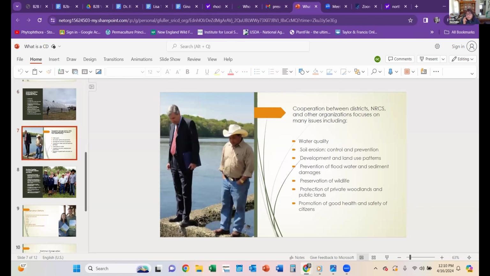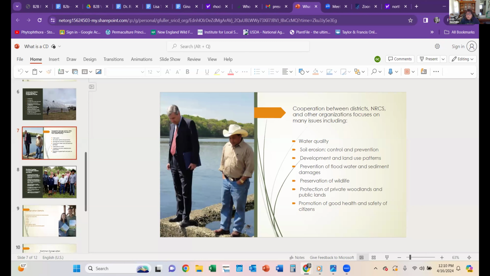So as I mentioned, NRCS is key. We were born together with NRCS after the Dust Bowl. And we work on things like water quality, soil erosion, flood prevention, preservation of wildlife, forestry, and good health and safety for its citizens.